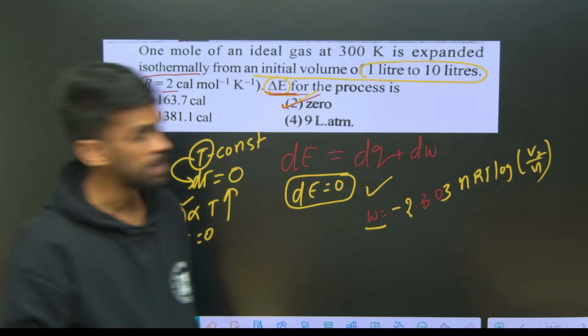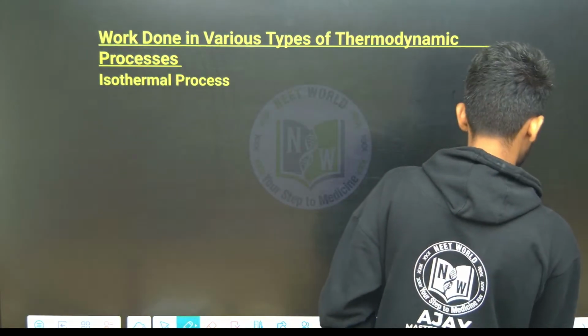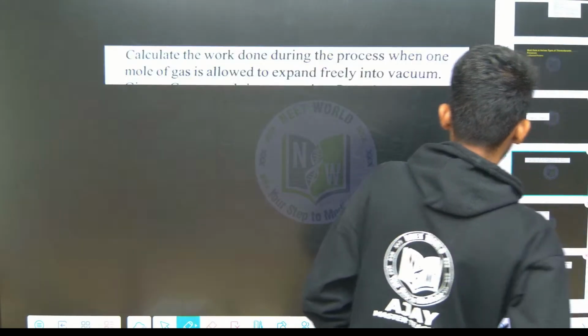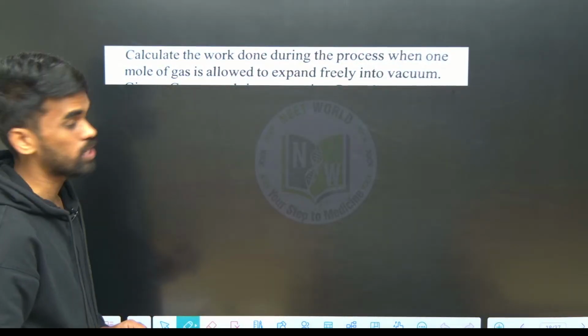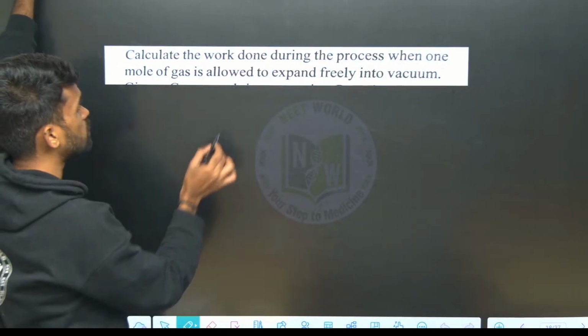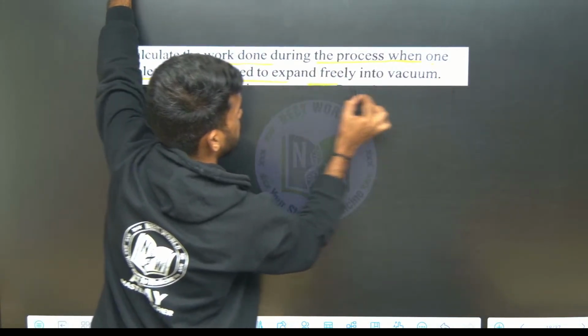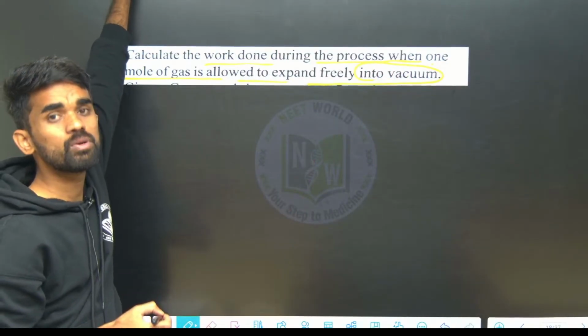Let us move forward with a few more questions here. One more model question, even this is a JEE Mains PYQ. Calculate the work done during the process when 1 mole of ideal gas is allowed to expand freely into vacuum. See, into vacuum means, what about pressure?